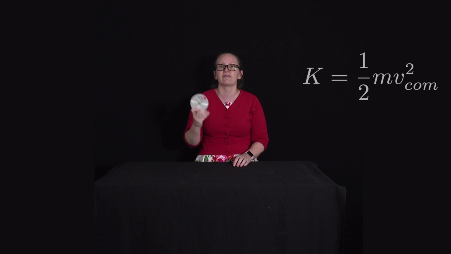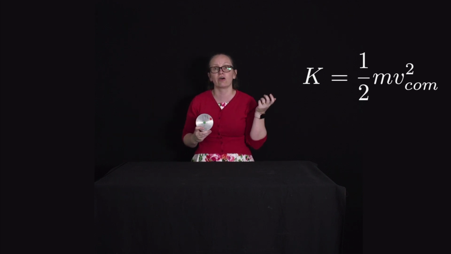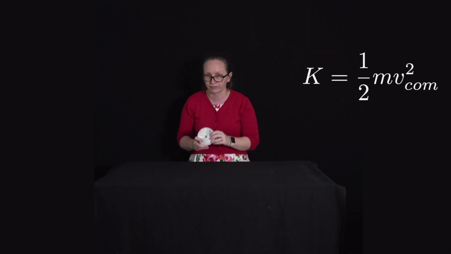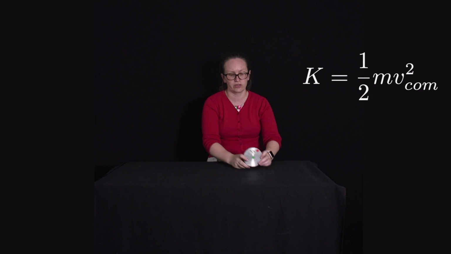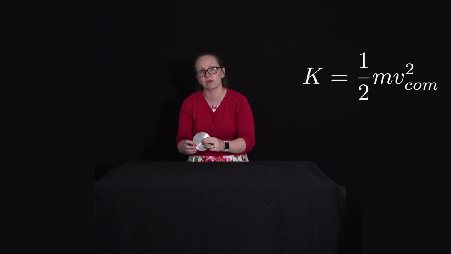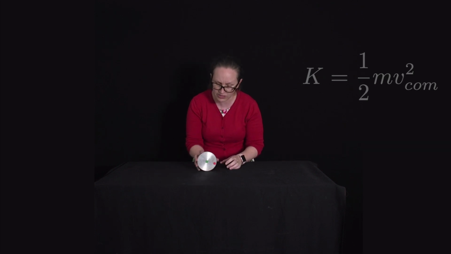Now, as it translates, it's also got translational kinetic energy. So the amount of translational kinetic energy is given by a half mv squared, where the v there is referring to the velocity of the center of mass. Now, as well as that translational motion, we've also got a rotational motion about its center of mass. So this rotational motion is caused by the torque, which comes from the frictional force acting at the radius of the object.